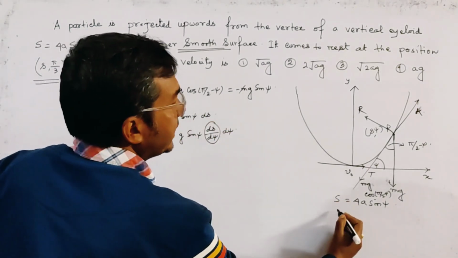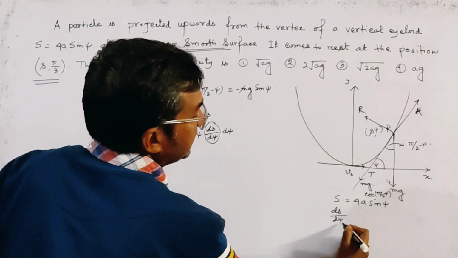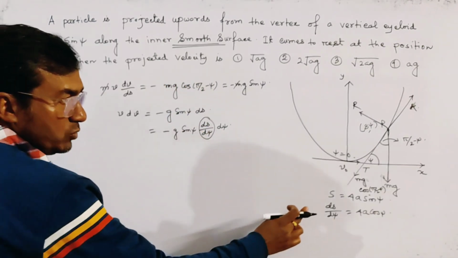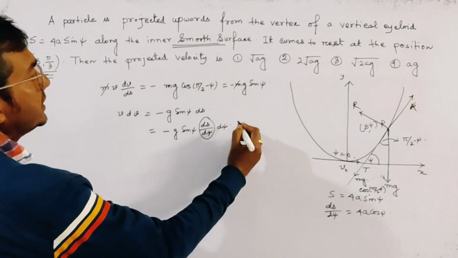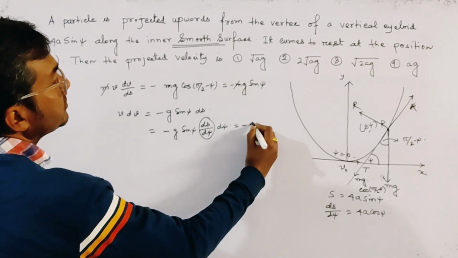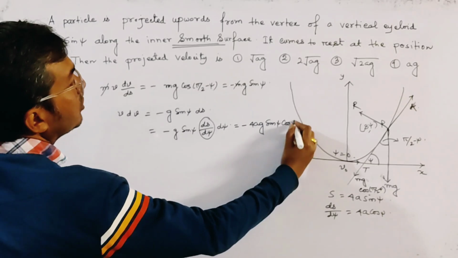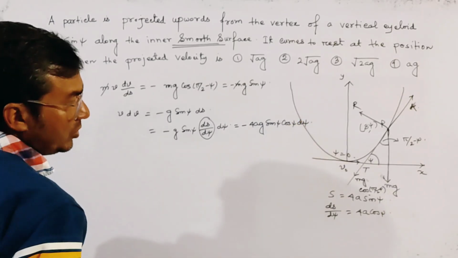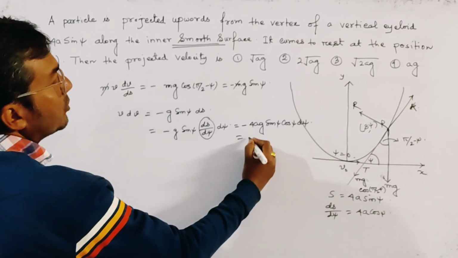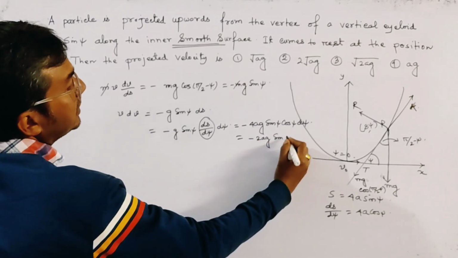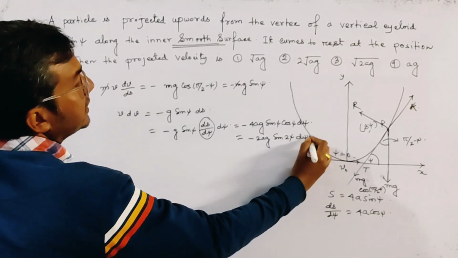From here we get ds/d psi equal to 4a cos psi. By putting the value of ds/d psi here, we get minus 4ag sin psi cos psi d psi, which is minus 2ag sin 2 psi d psi.